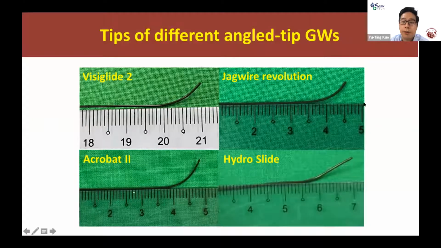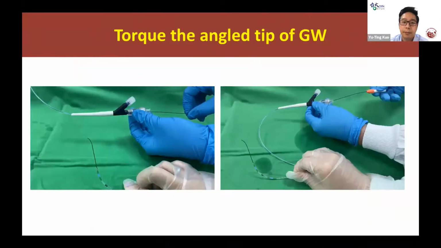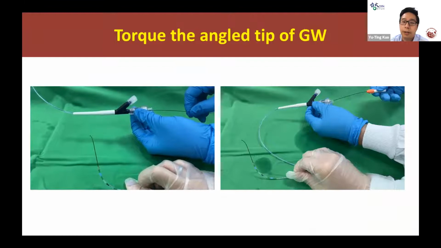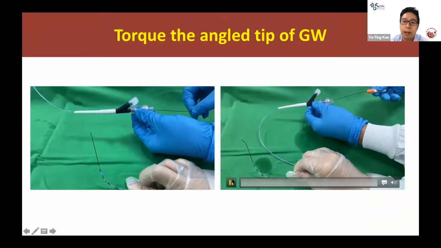And the shape of a different kind of angle tip guide wire is different, mostly the length and the angle. So according to your preference, you can try to choose which ones you like. Another very important thing is the assistant wire, because you can use two kinds of torquability.